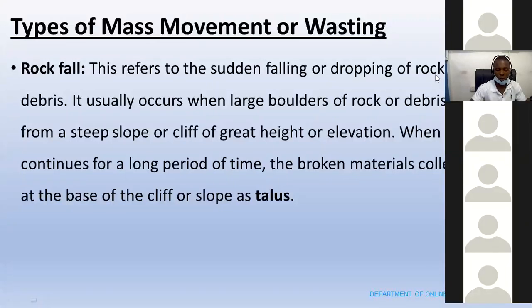So we are saying this occurs when rocks suddenly fall from a high steep, or from a cliff of great elevation, and then finally accumulate at the base. And when the fall continues for a long period of time, the materials begin to accumulate at the base of the cliff where the rocks eventually land.